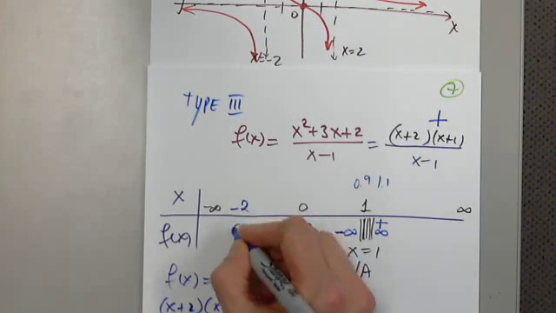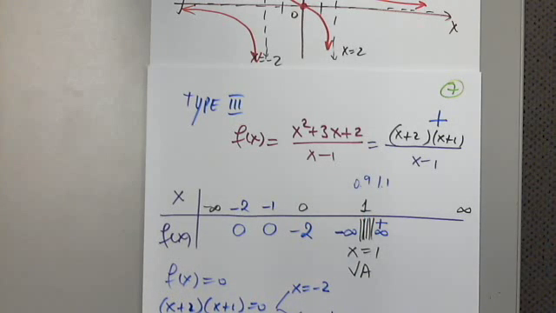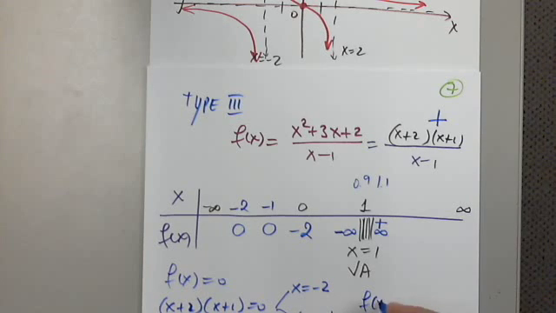And (-2, 0), (-1, 0). The function cannot be symmetric because it has a vertical asymptote at 1. We're going to write that. Let's write it now. And then we have one more step. So f of x is not symmetric.